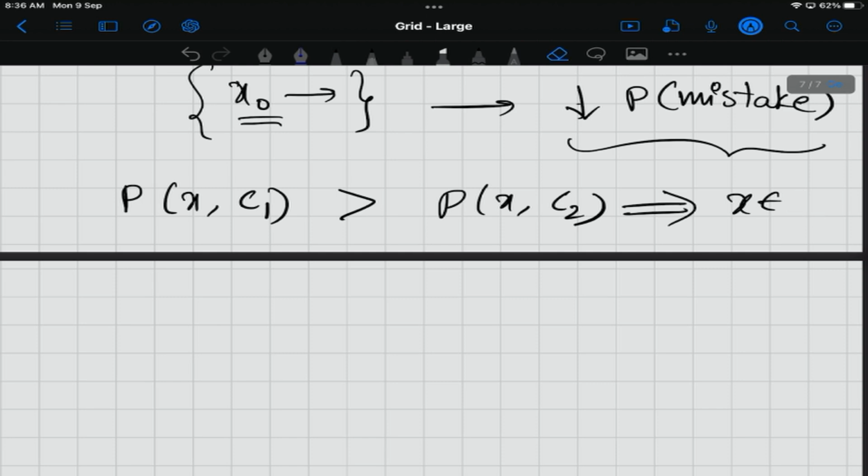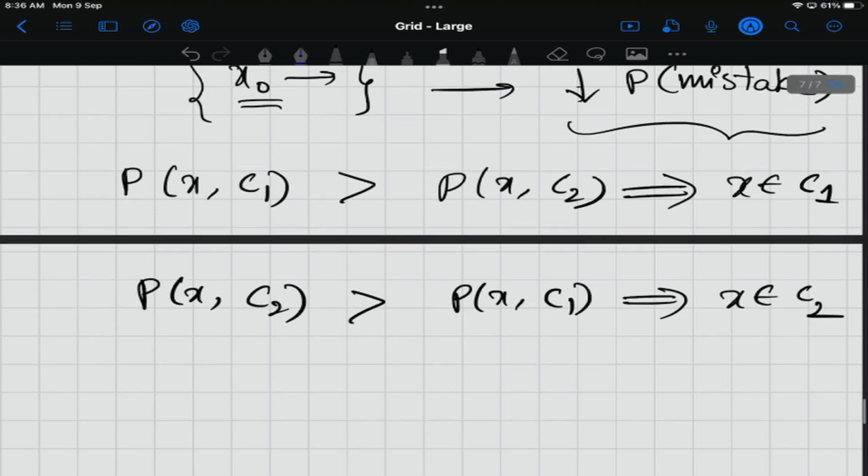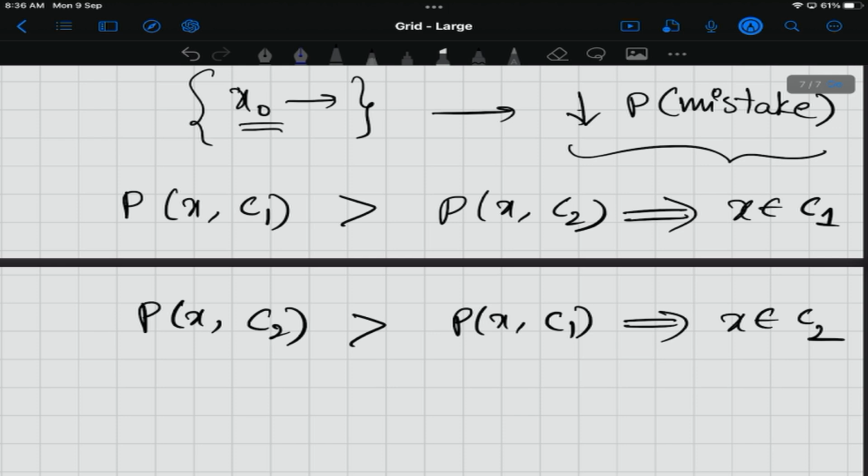And if your probability of x comma c2 is greater than probability of x comma c1, then assign it to c2, and if they both are equal, then that means that is on the boundary, right? If both are equal, it means that is your boundary. Okay, so if you have this kind of condition where probability of x comma c1 is greater than probability of x comma c2, then assign that data point to c1, and if c2 is greater, then assign it to c2.